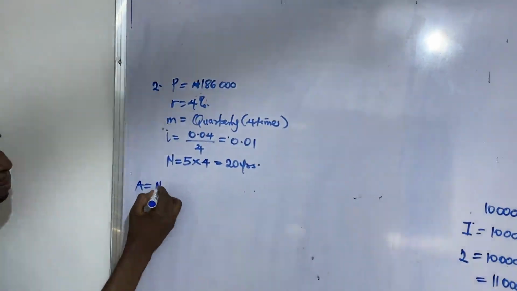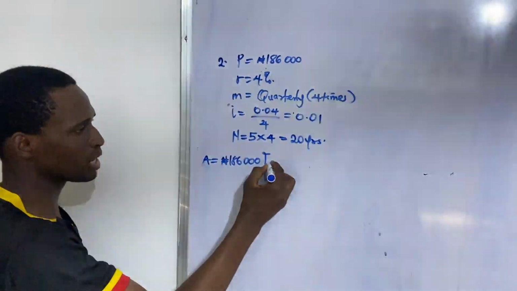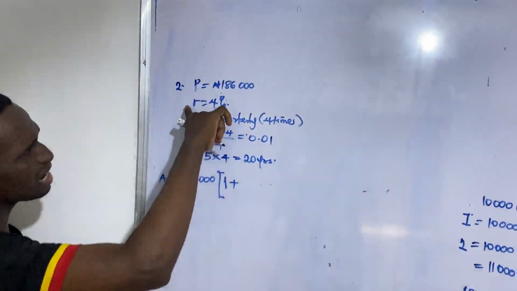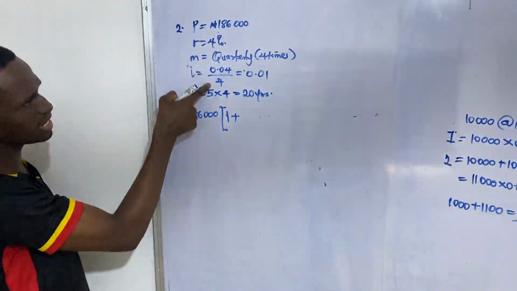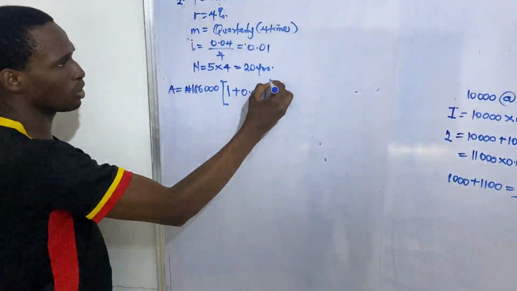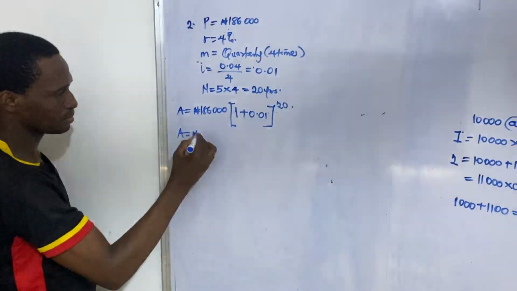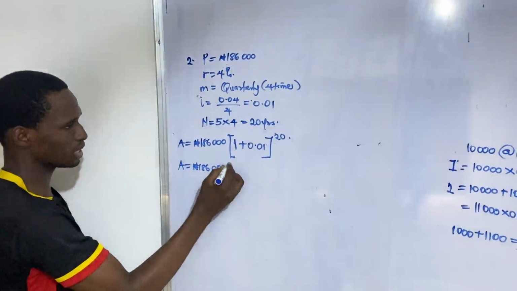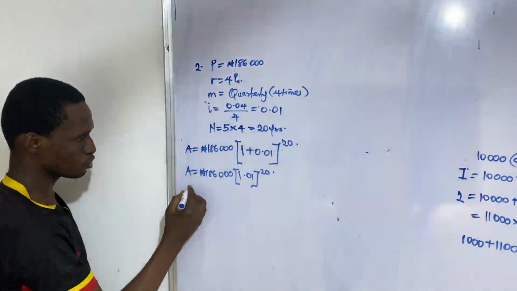A equals P, 186,000 naira into bracket 1 plus R over N. So R over N, remember we have calculated it to be 0.01, per 20. Then 186,000 naira will give us 1.01 raised to power 20.